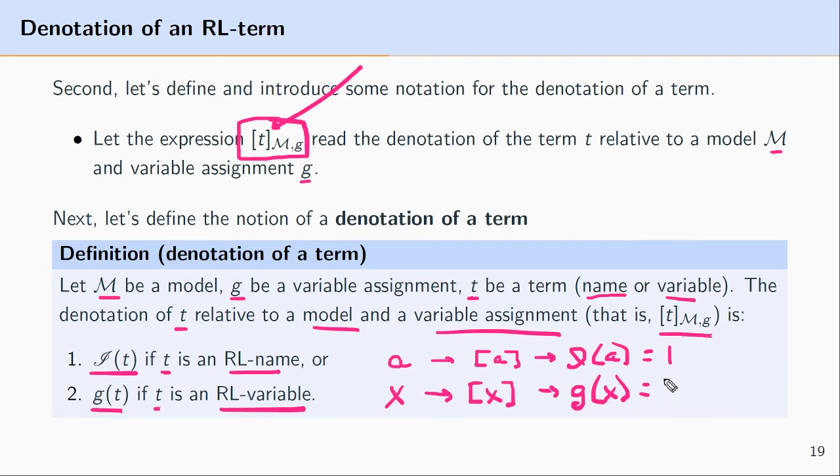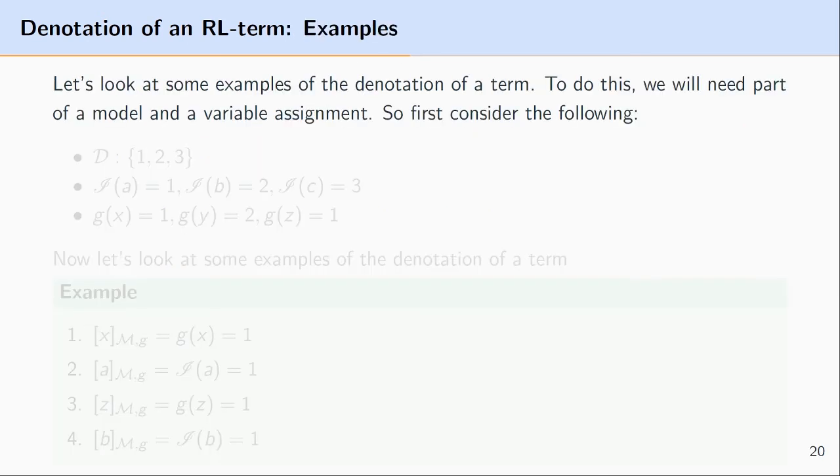And let's say x refers to 3. So all the denotation of a term is a way of picking out the referent of the item. So if it's a name, it refers to an object in the domain, and if it's a variable, it is some item in the domain. In the case of names, it's picked out by the interpretation function, and in the case of variables, it's picked out by the variable assignment.